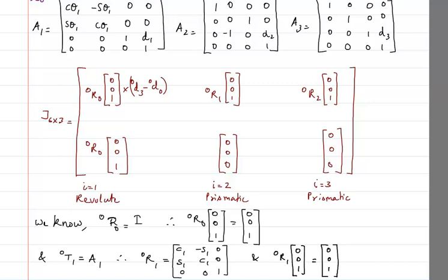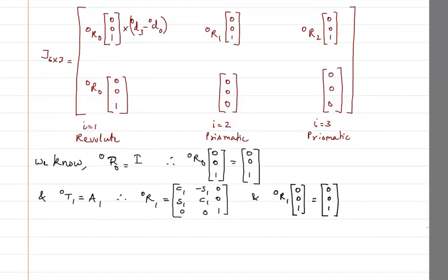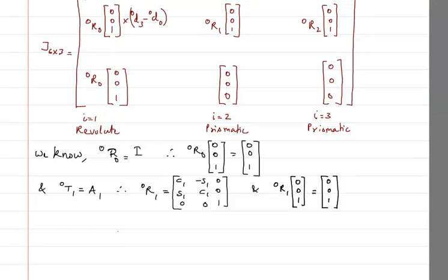The next one is 0r2. I have to find out 0r2. So let me write it properly. 0t2 is a1 into a2.